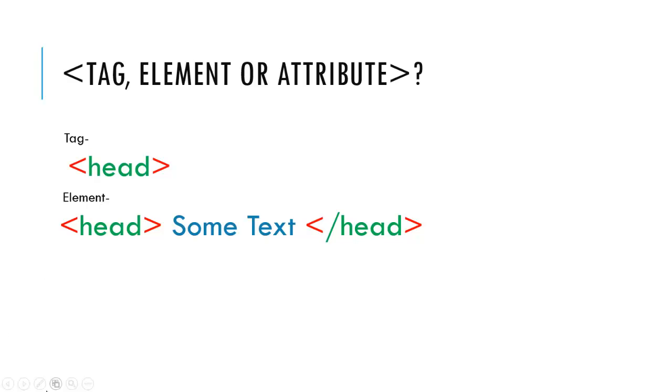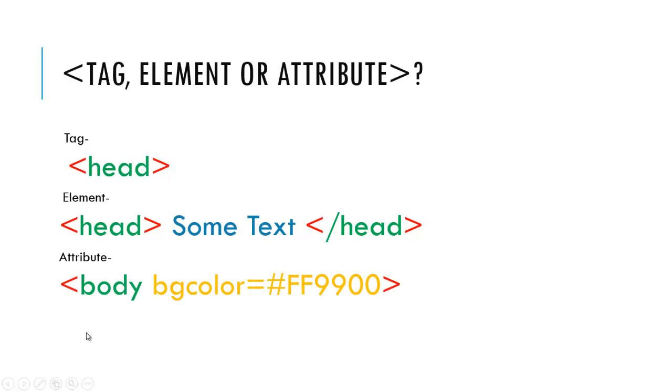So this entire command, if you will, is going to be considered your element. And your attributes. All elements have or can have attributes. Basically, you'll be able to provide additional information about the element with an attribute, and they're always going to be specified in the start tag.